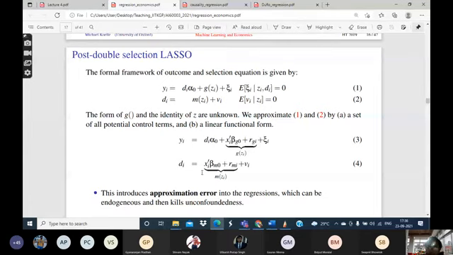On the contrary, what is happening in double lasso is we are clearly trying to bring out that effect by expressing the treatment di itself in terms of the other variables. And here again we are solving a lasso.